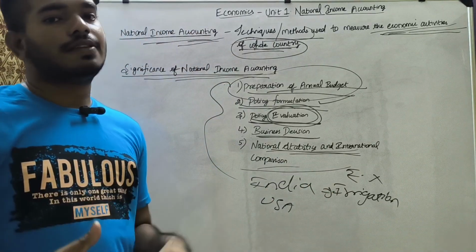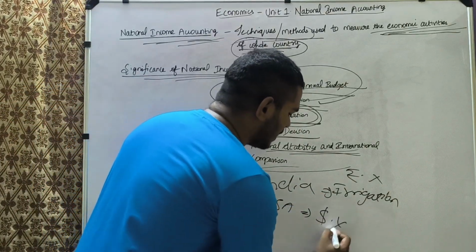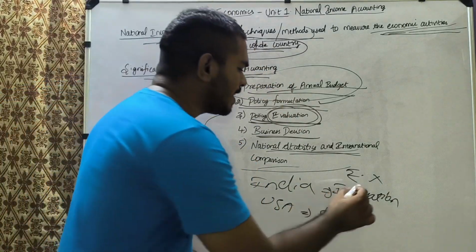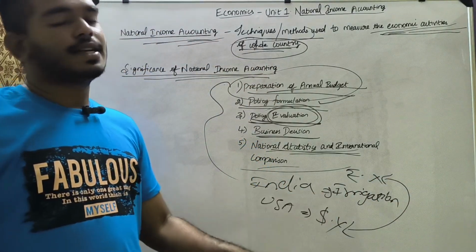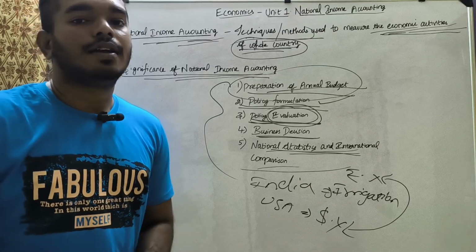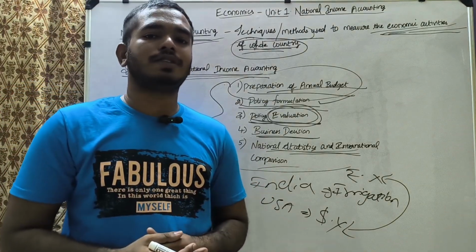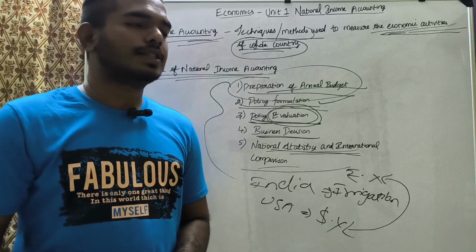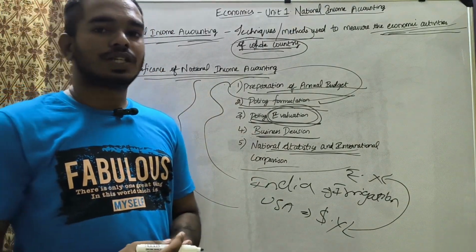USA is investing some other amount, take it as Y. So we can compare the two countries' expenses on agriculture. For such a comparison, we need to calculate the national income. So these are all the significance of calculating the national income.